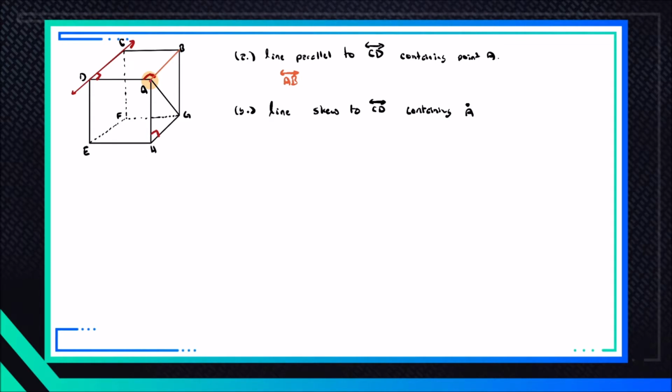So notice that if we go from A to H, that is never going to intersect with CD. So AH is a skew line to CD. Also, AG is on a completely different plane too. So AG is also going to be skew to CD.